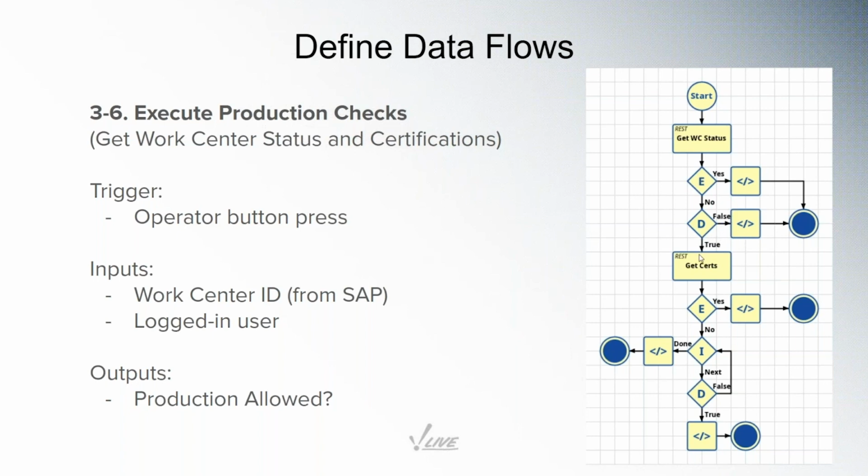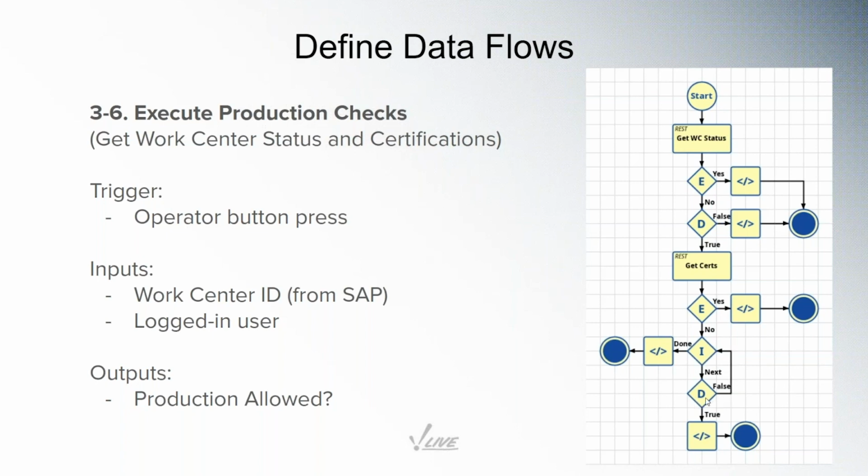So if it is the case that the work center is in service, then we want to get the certifications for the user who's currently logged in. And again, if there's an exception, we want to log that. We want to end the chart. If there's not an exception, this I here is an iterator block. And this basically lets me do loops. So I'm going to get a list of all these different certifications for the currently logged in user. I'm going to iterate through those one by one.